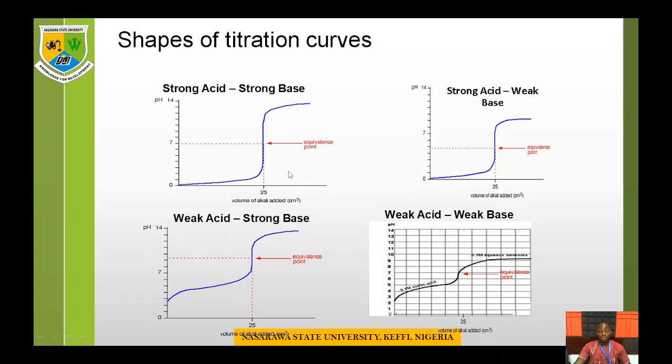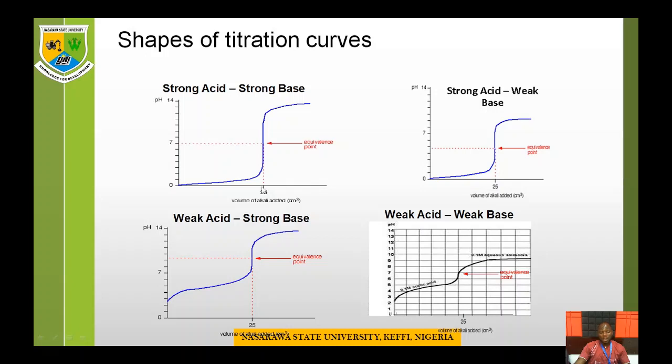Remember that in the titration of an acid against a base, the acid is run from a burette while the base is in a beaker through which the acid runs.